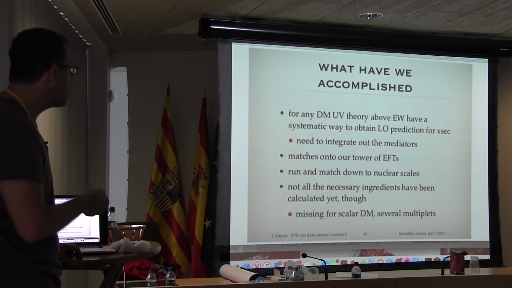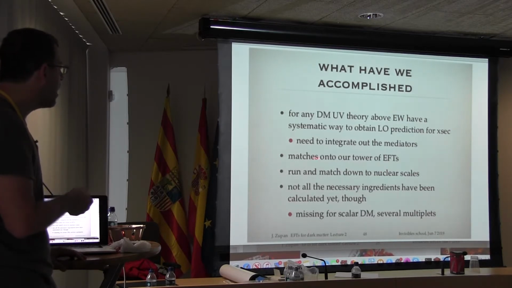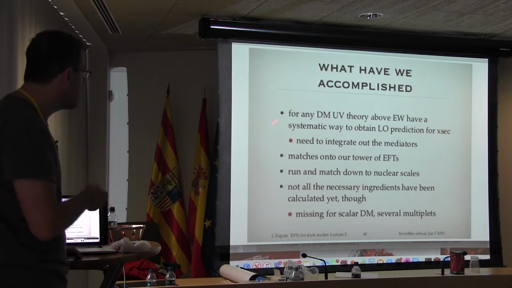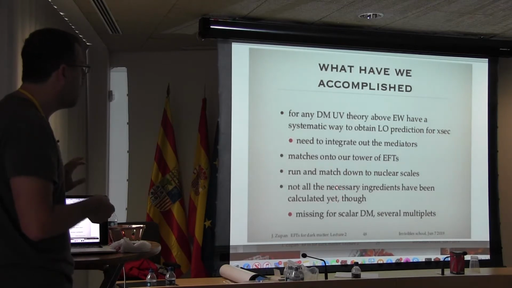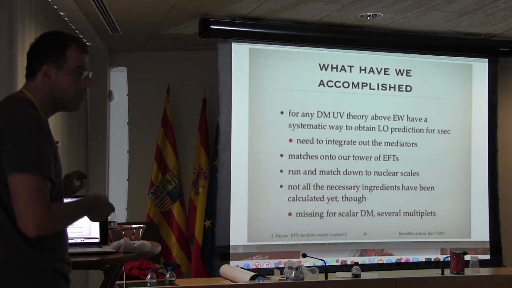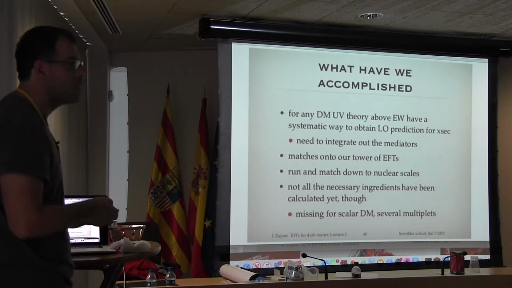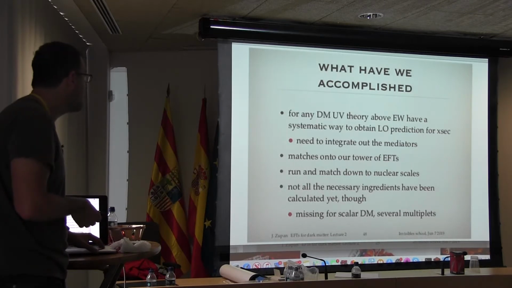You will need to integrate out other mediators by hand, and then it matches onto this tower of EFT. So this running and matching down to the nuclear scales. So that's the good news. There is the framework. However, not all the pieces are there yet. If you have a Dirac fermion, it's there. However, if you have scalar dark matter or several multiplets, there are still missing pieces. But it will be filled out.